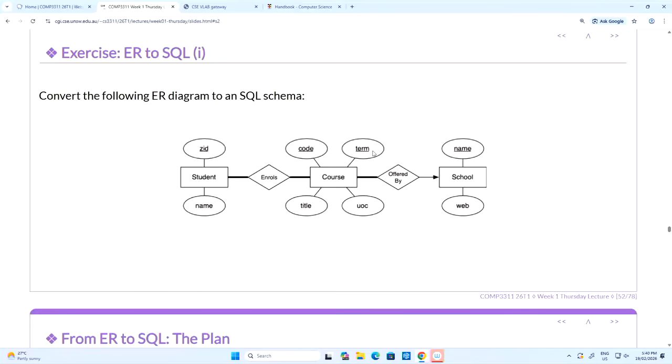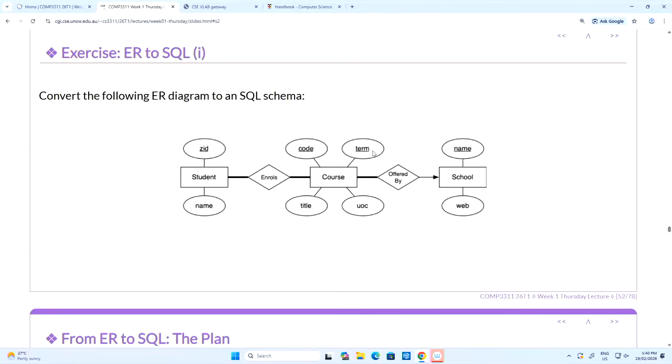If it's one-to-one, let's imagine what happens: one school can only offer one course. In that case, we can store that information in either table. We can make a school column in courses to store the school that offered this course, or we can add a column in school that stores the course the school offers, because it's one-to-one, so we don't waste extra space.